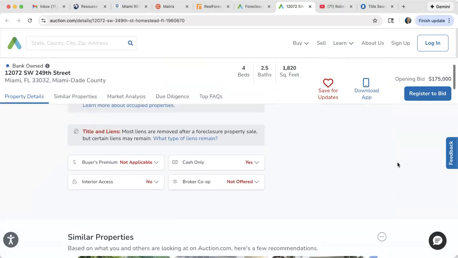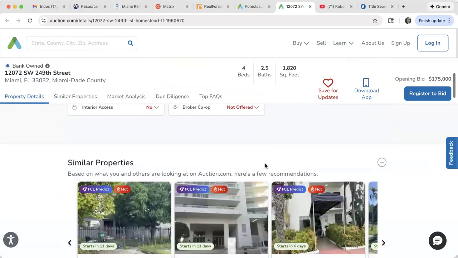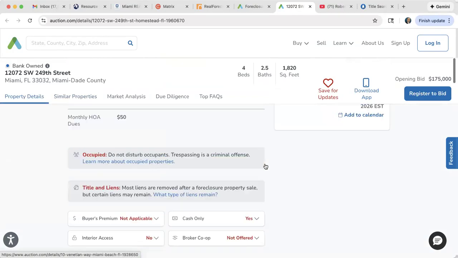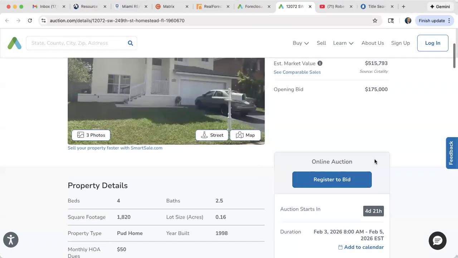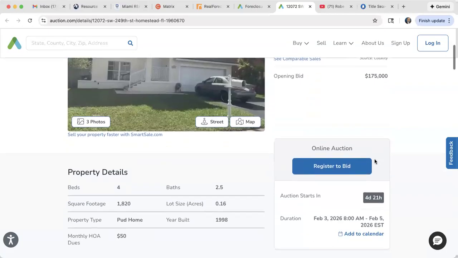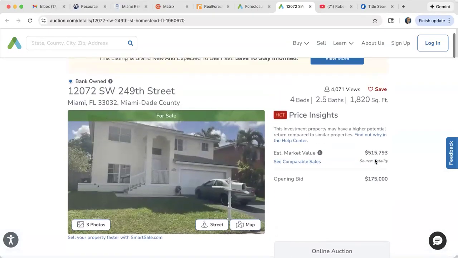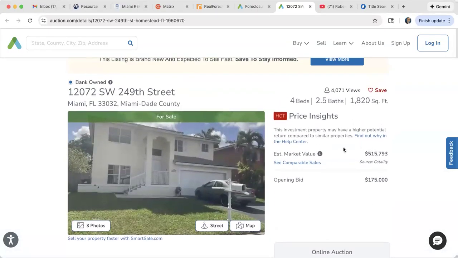Okay. There is no buyer's premium. It is a cash only auction. And you can see other similar properties. So you're going to participate in a bidding war. And if the reserve is met, a reserve is when the bidding reaches the bank's minimum price to sell the home.